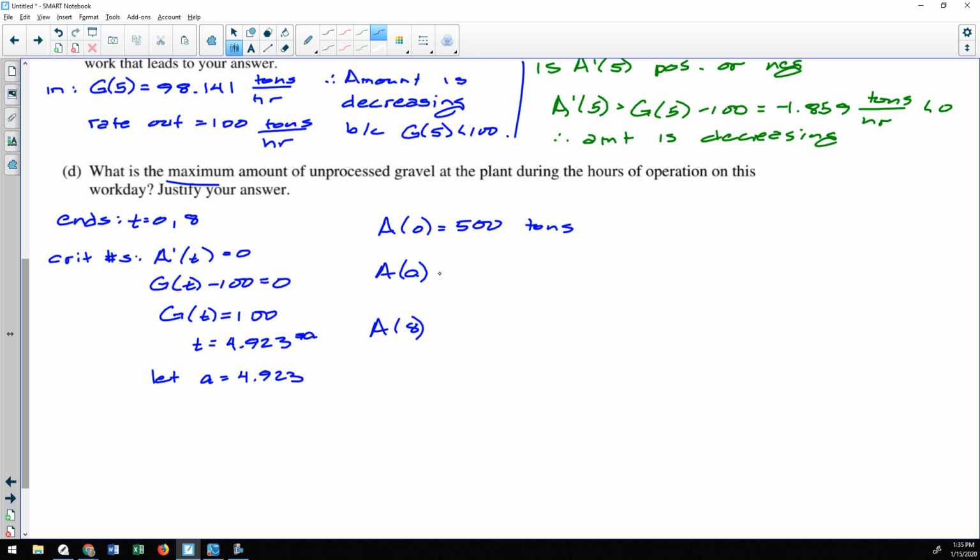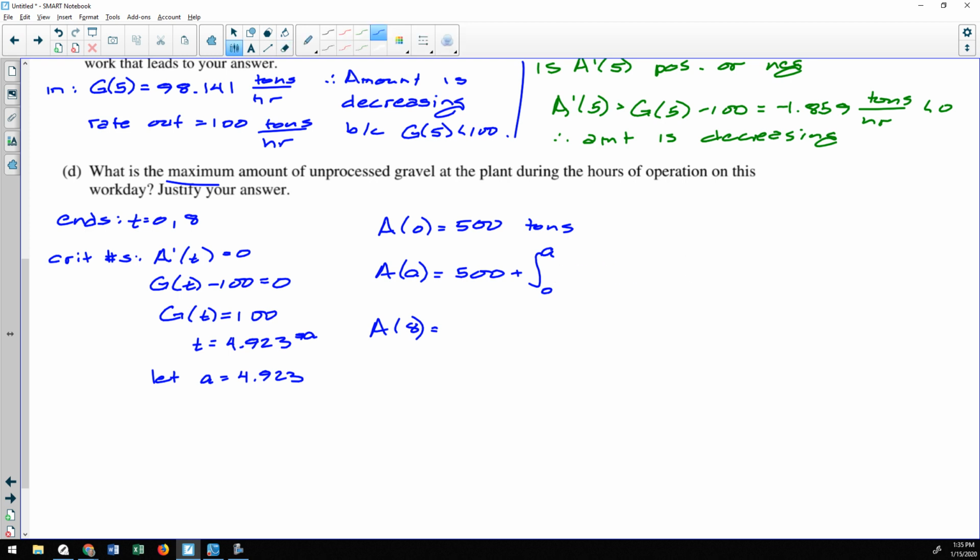And your overall amount is going to be your initial condition, 500 plus, and then we're going to measure the area under the overall rate of change, which is A prime of t. Now, I defined, a long time ago, A prime to be G minus 100.